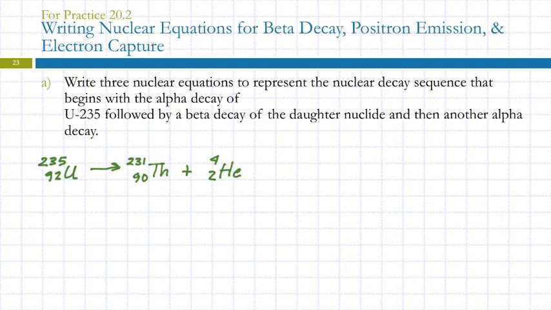Then it says, followed by a beta decay of the daughter nuclide. So we're going to take this daughter nuclide and see what happens when it decays. So there's our thorium. Now we're going to do beta decay. And what's the symbol for the beta particle? That's the electron.